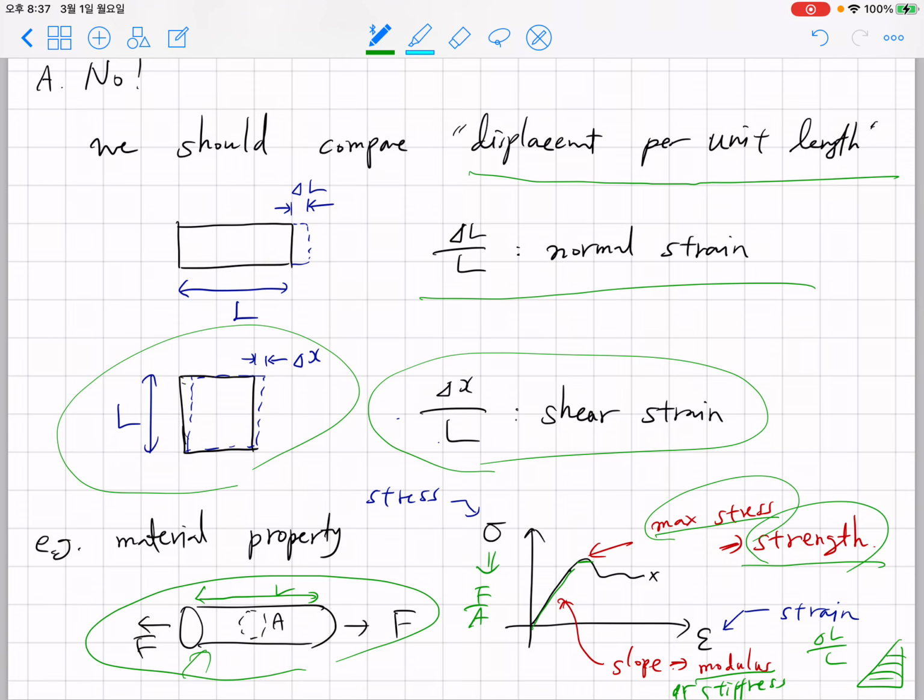Please make a distinction between strength and stiffness. Stiffness refers to the initial slope, and strength refers to the maximum stress value. Even though it starts to have some sort of crack or necking, it will still sustain a little bit of displacement and completely fail at some point. So this is a typical stress strain curve, and please make a distinction between stiffness and strength.